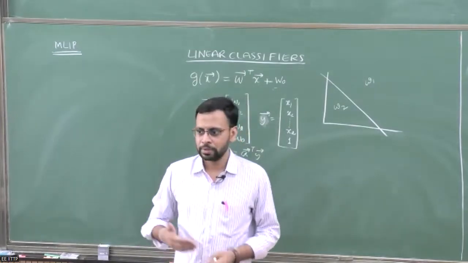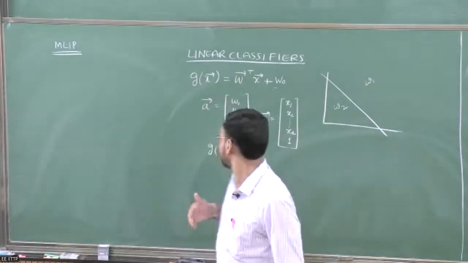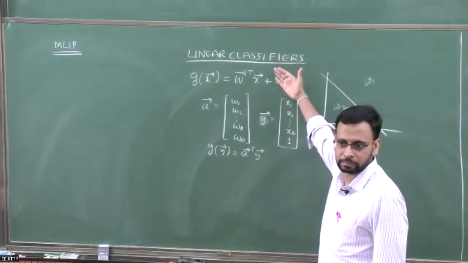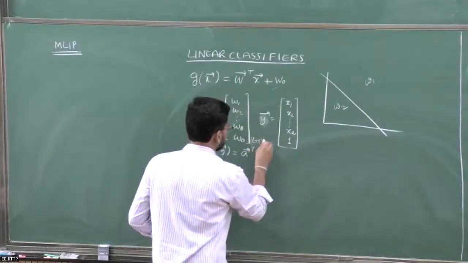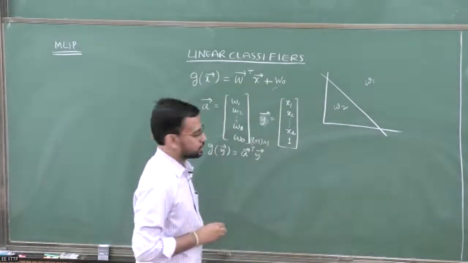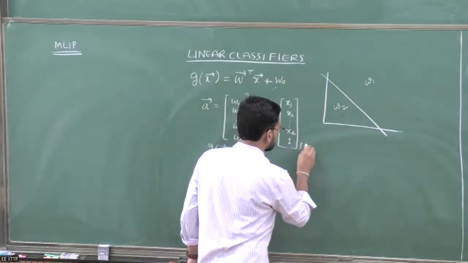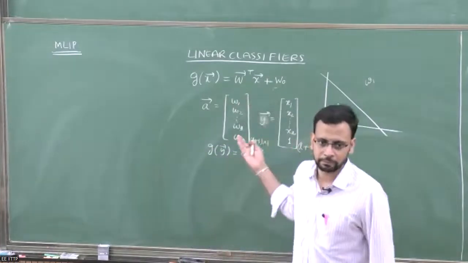That's right. From an L dimensional space, you have now moved to an L plus 1 dimensional space, one space higher. This is, for example, now an L plus 1 cross 1 vector. Similarly, this is also a vector of size L plus 1.